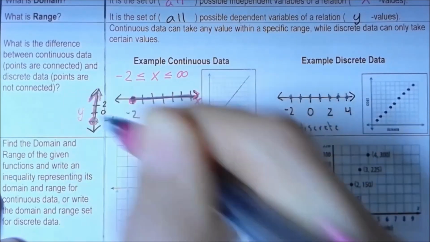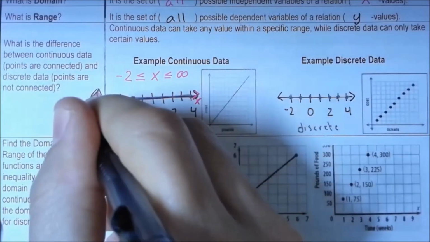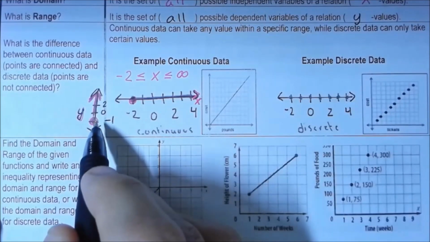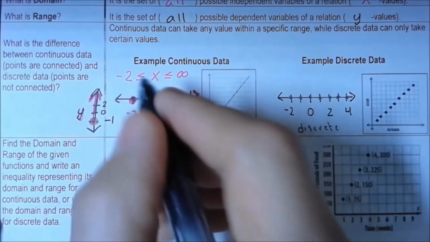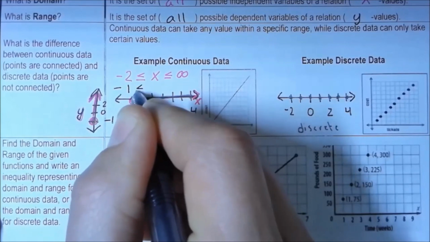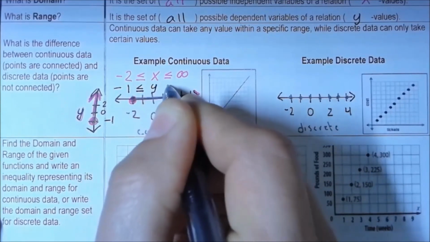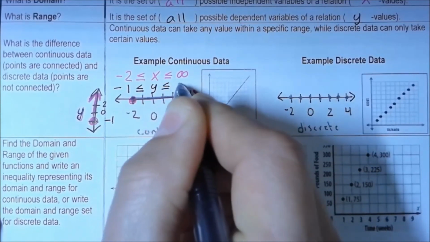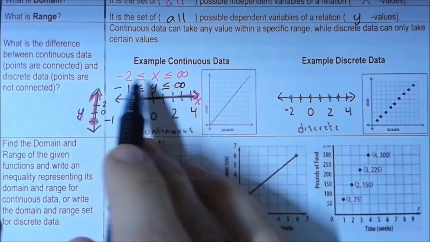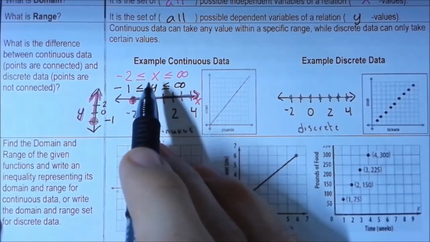This is my y, up and down. It starts at -1 and goes on for infinity. Your range would be -1 is less than or equal to y, which is less than or equal to infinity. So this is just one example of writing an inequality for continuous data.